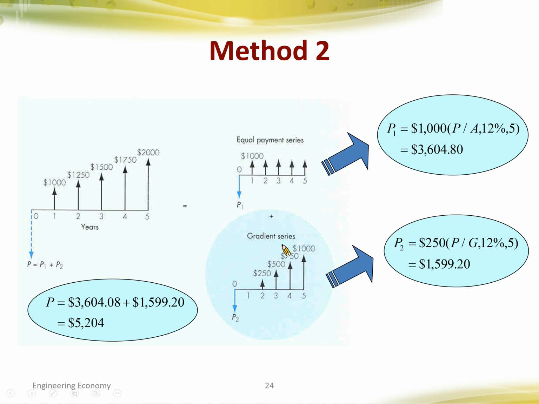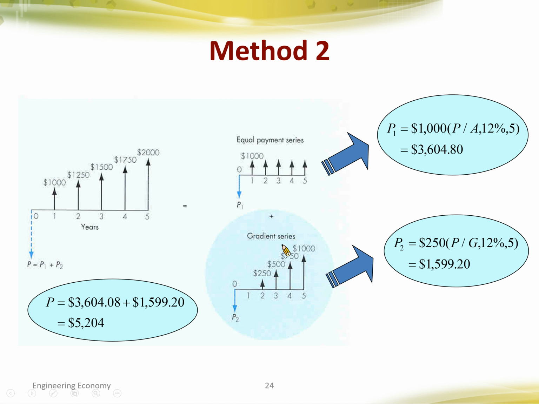One series we use given A find P, the other given G find P, and we add the two series together, which also comes to 5204. Meaning we can take a brute force simple approach to compute each conversion individually, or we can take advantage of the structure of the cash flow and utilize pre-calculated coefficients to get the result quickly.